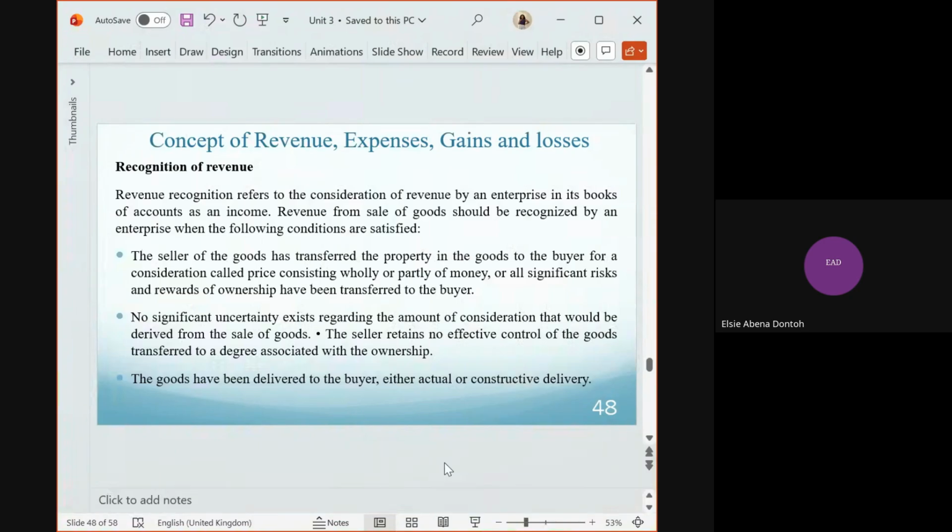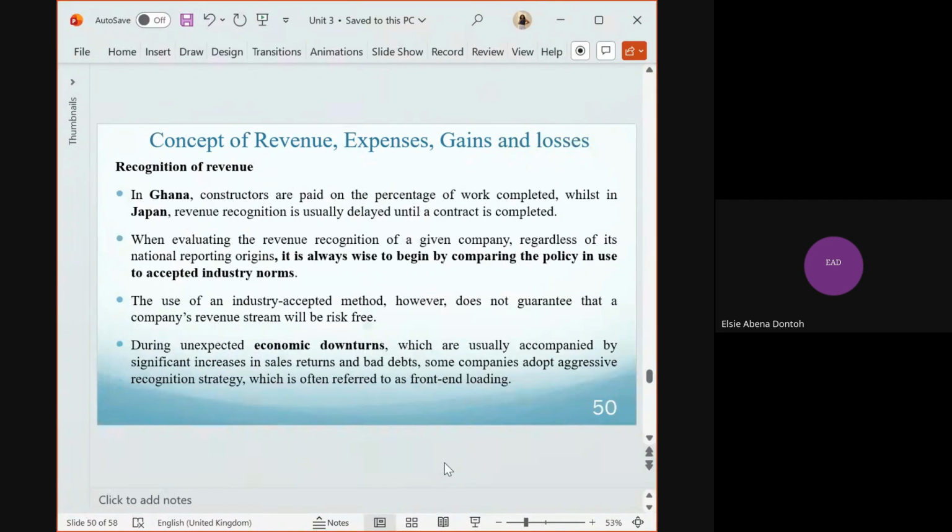The seller retains no effective control of goods transferred to a degree associated with ownership. The goods have been delivered to the buyer, either actual or constructive delivery. So this is recognition of revenue by an enterprise. When you want to recognize revenue by an enterprise, these are the conditions that must be in place.